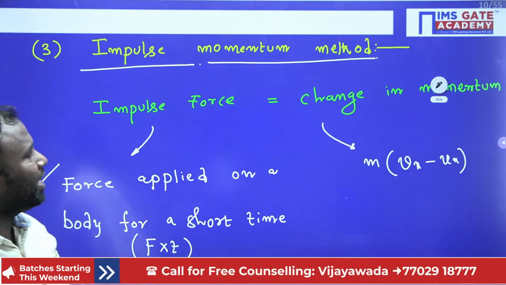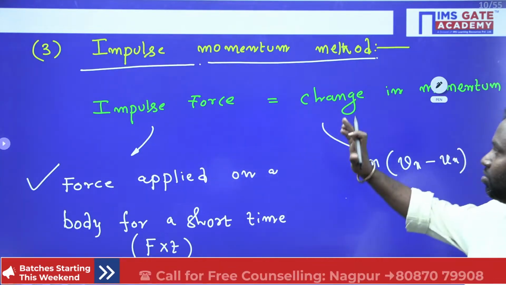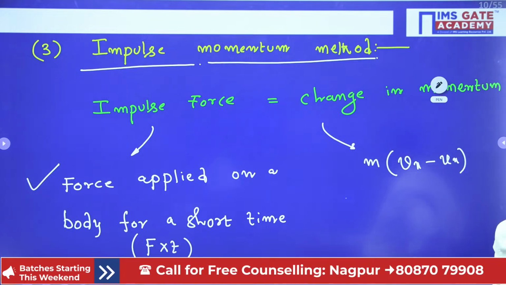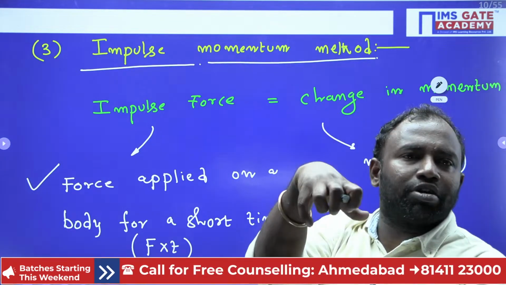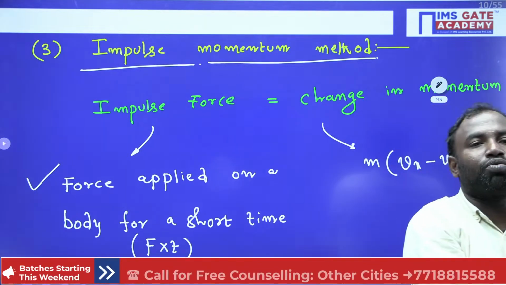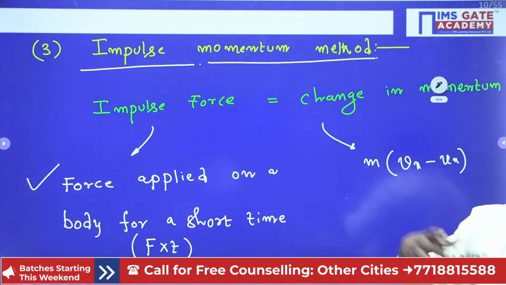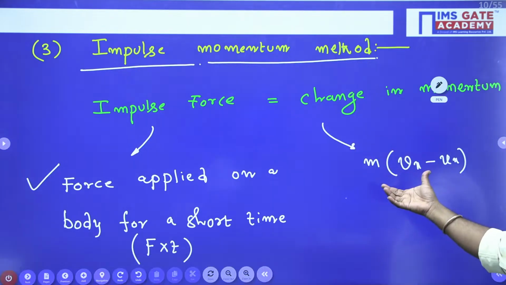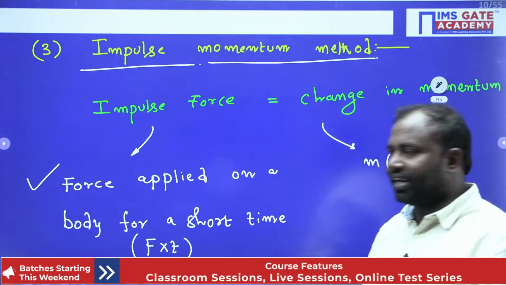Similarly, the impulse momentum method. What is the impulse momentum method? Impulse is equal to change in momentum. Now what is impulse? If a force is applied on a body for a certain period of time, then force into time is the impulse. And change in momentum is nothing but the change in momentum. Momentum is mass into velocity, right?